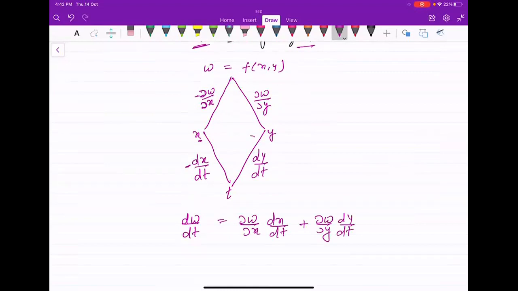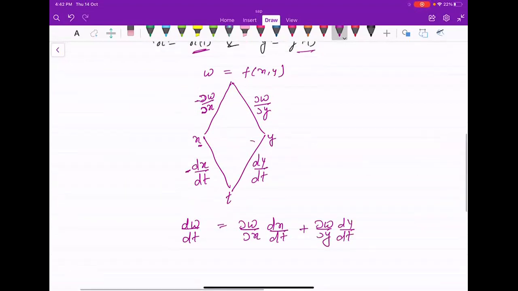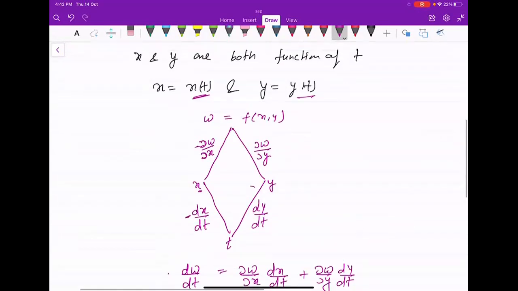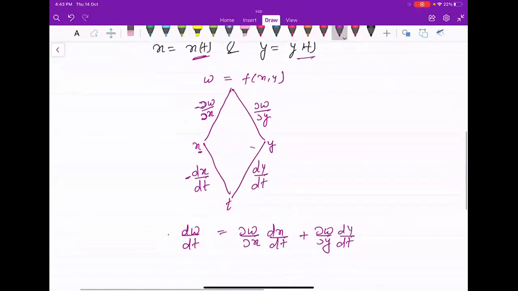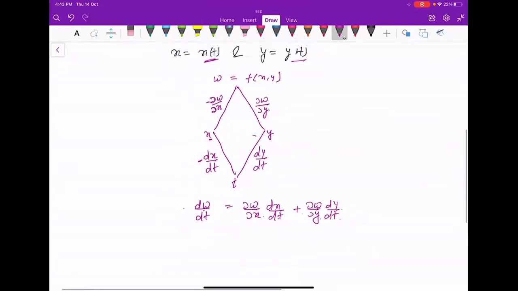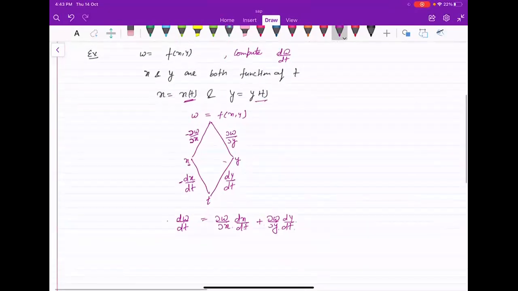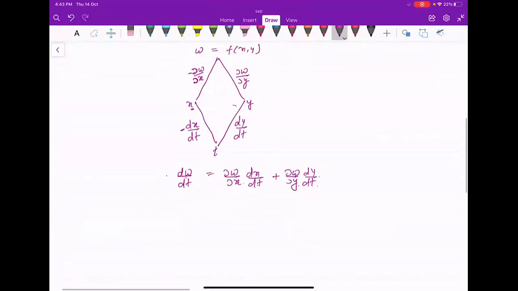Whenever w is a function of two variables, and those variables are associated with another variable t, that is x and y are functions of one variable only, then dw by dt is equal to del w over del x, dx by dt plus del w over del y, dy by dt. Understand? So this is the chain rule whenever the function has two variables, and these two variables are associated with one variable t. Now let us do one example.